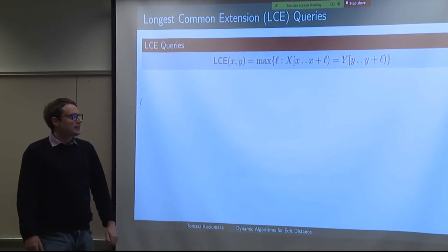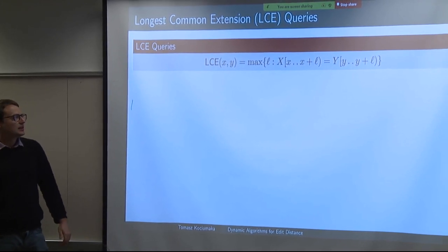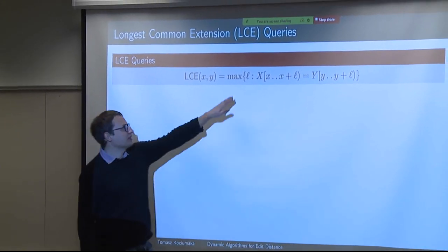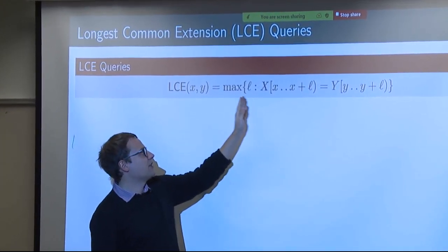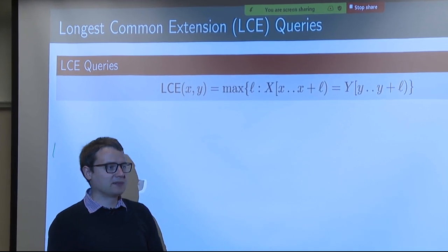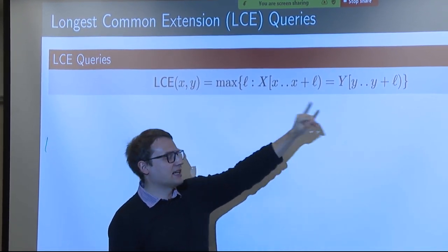And these queries are technically what's known as longest common extension or LCE queries. So you have the two strings, and we are asking for two given starting positions how far you can go without encountering any mismatch. So what's the longest common prefix of the suffixes starting at position x and y respectively.